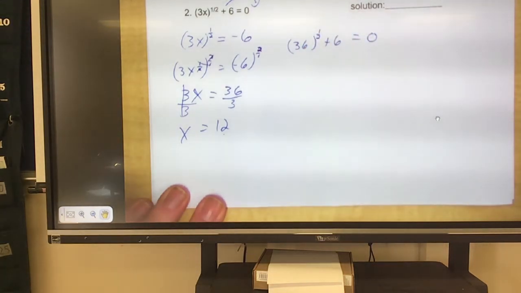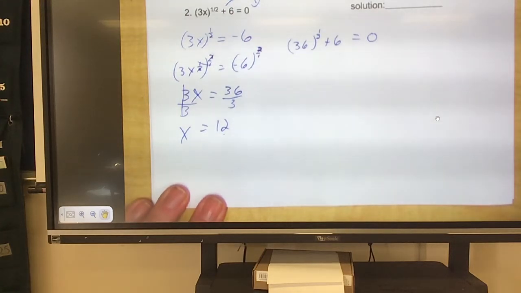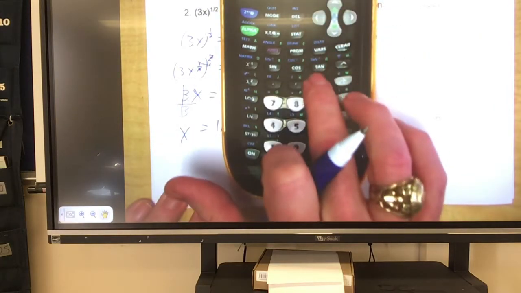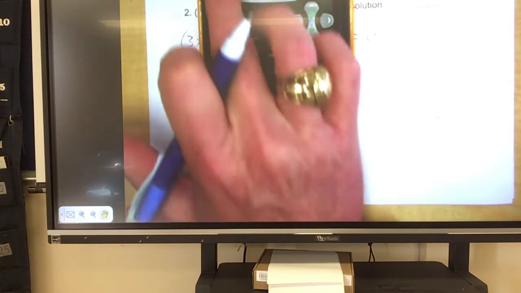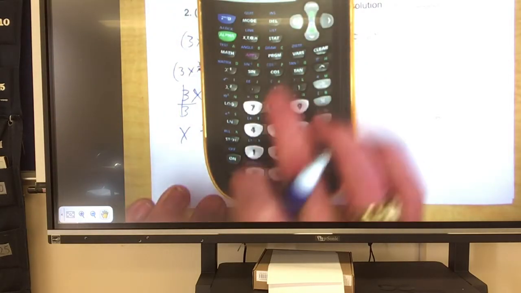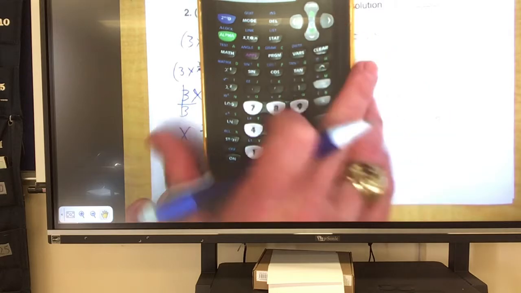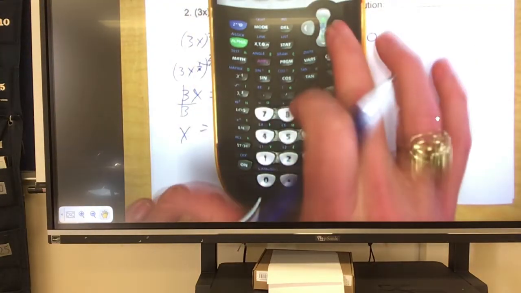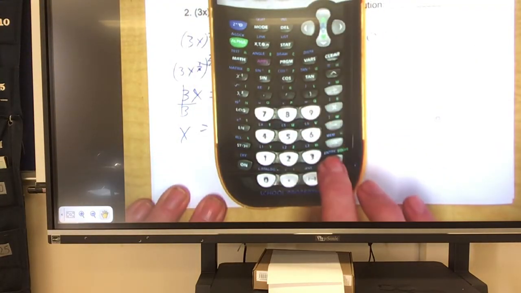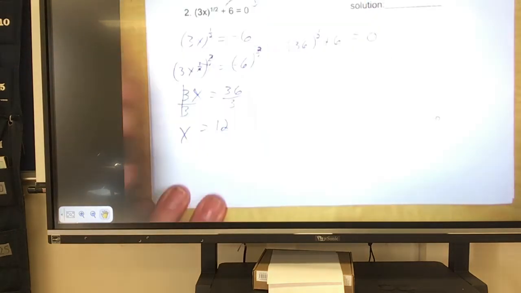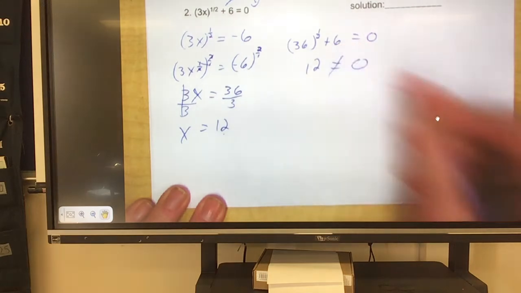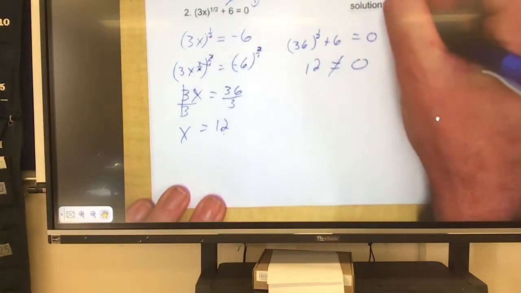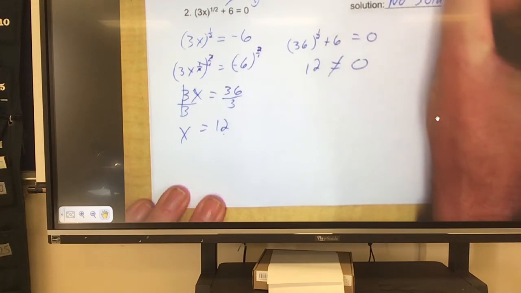So we take 36 raised to the 1/2 power, and then add 6, and we hope it equals 0 and hit enter, but it doesn't. It equals 12. So 12 does not equal 0. So this one here would be no solution.